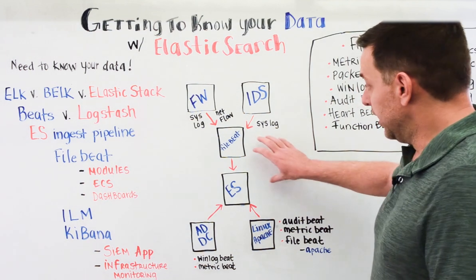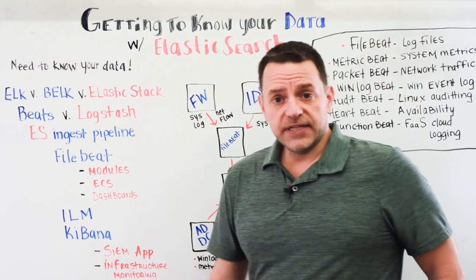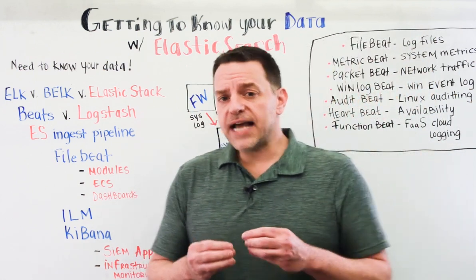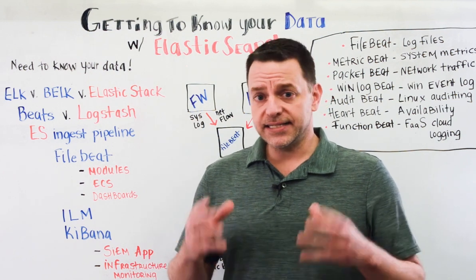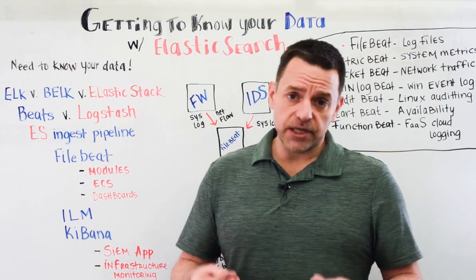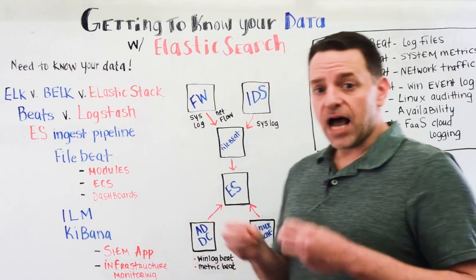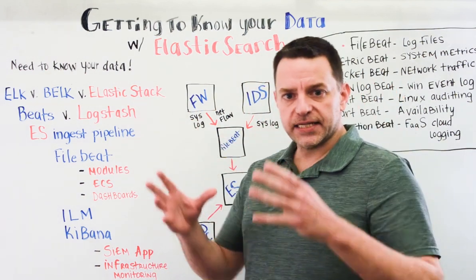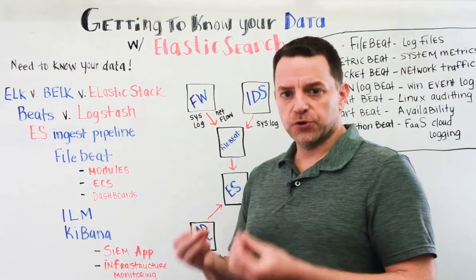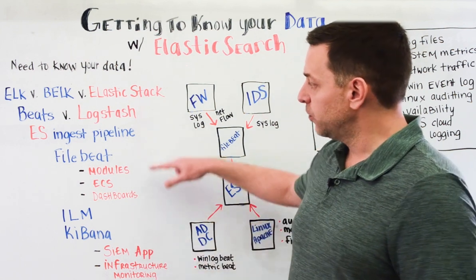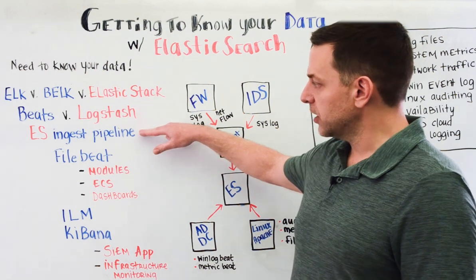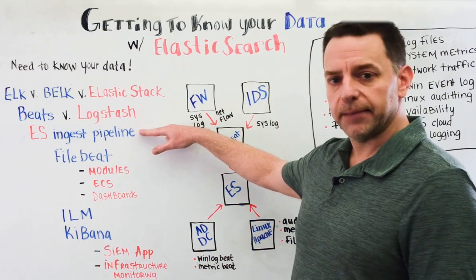Now, ideally, you find yourself in a situation where you have a lot of data within Elasticsearch. Some of it has been normalized and is in the ECS format, but some of it won't be. Now it's important, now that you have this holistic view of your data, you can see what further transformations need to take place. And now this is where we circle back around and we look at our Elasticsearch ingest pipeline.